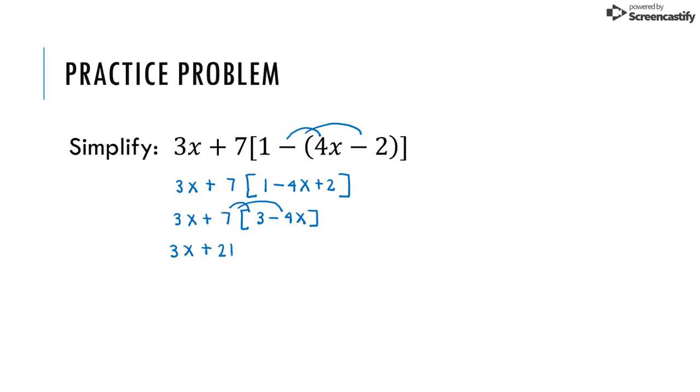Distributing that 7 gives me a 21 there, gives me a negative 28x. And then finally, notice that my last step is to combine any like terms. We've got a negative 3x as well as a positive 3x and a negative 28x. So that's going to give us a negative 25x. So 21 minus 25x would then be my final simplified answer.